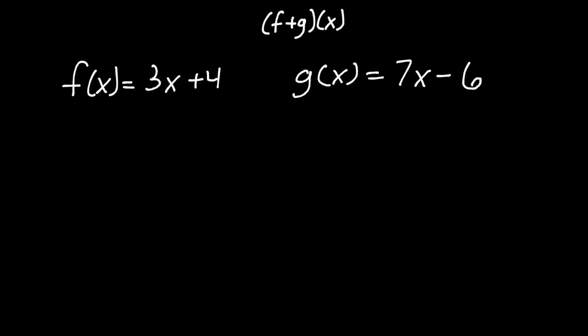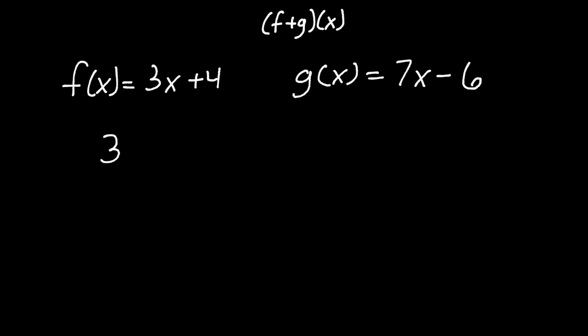For our first example, we have here the function f plus g of x, and we are given the function f of x as 3x plus 4, and the function g of x as 7x minus 6. If we're being asked to add the functions, all we need to do is take our f function and add it to our g function.